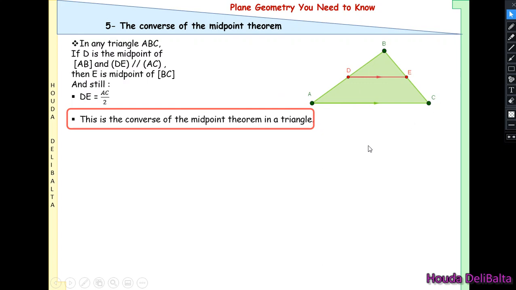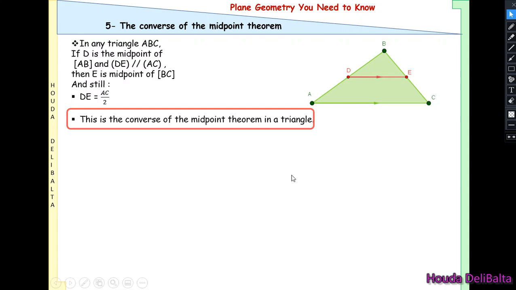In the midpoint theorem in a triangle, we have two midpoints, and we can discover that the segment joining them is parallel to the third side and equal to half of it. In the converse of the midpoint theorem, one of the points is a midpoint, and the segment is parallel to the side facing it, and we discover that the second point is the midpoint of the third side.